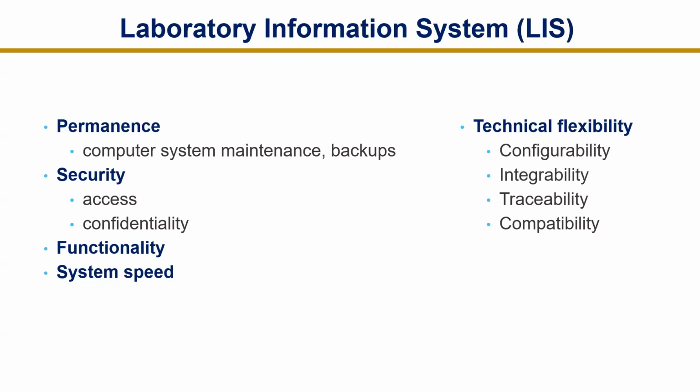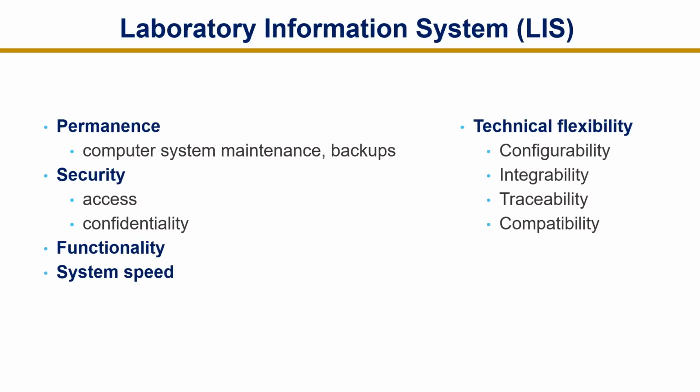Functionality, different kinds of functionality, includes domain-specific functionality. If, for example, does it support blood bank-related workflow, regulatory compliance functionality, quality management functionality, and others. You have to look into that to make sure you have what you need.